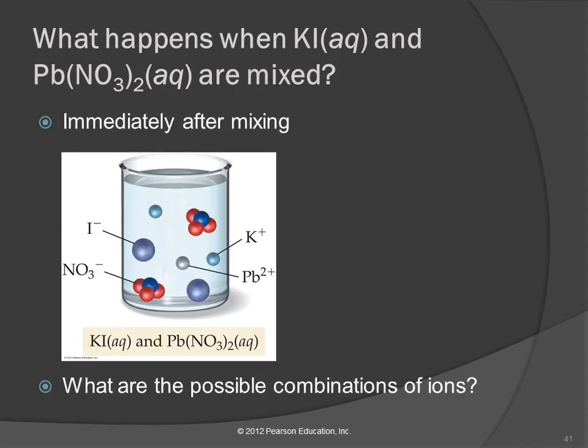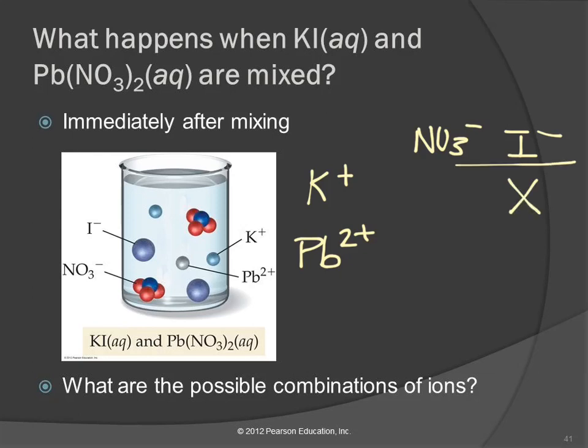So what are our possible combinations? Well, we've got potassium ions and lead ions, and we've got nitrate ions and iodide ions. I'm making a table here.